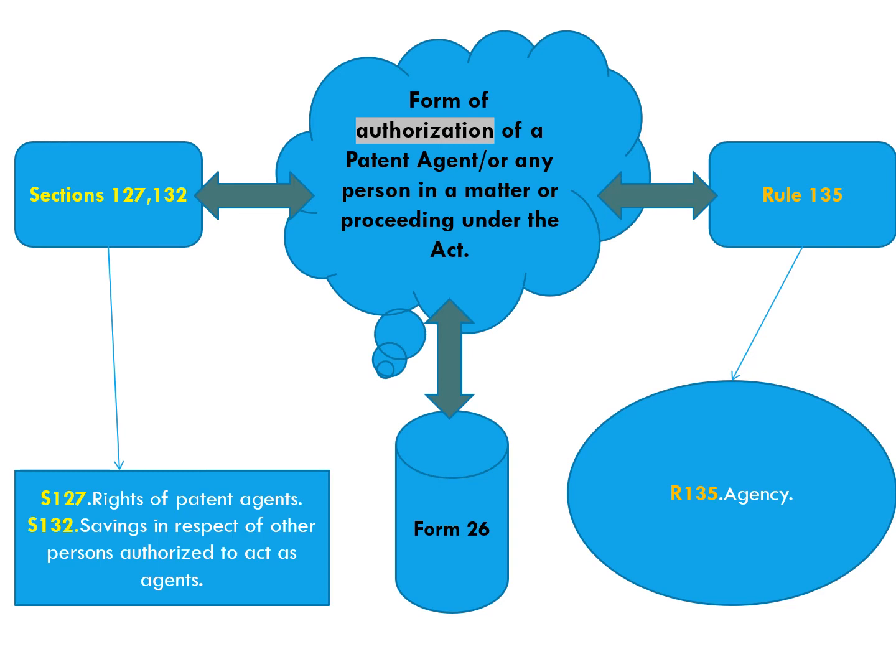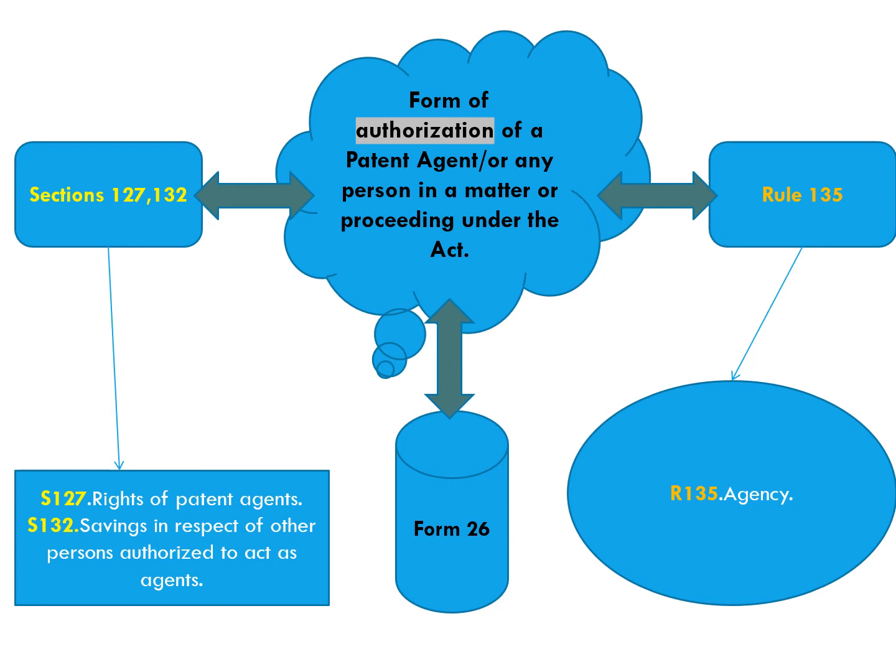That's why section 127 is linked here, and section 132 says savings in respect of other persons authorized. That means other than the patent agents, who are the authorized persons, others can act as agents. So we have to deal here with the authorization power of a patent agent.